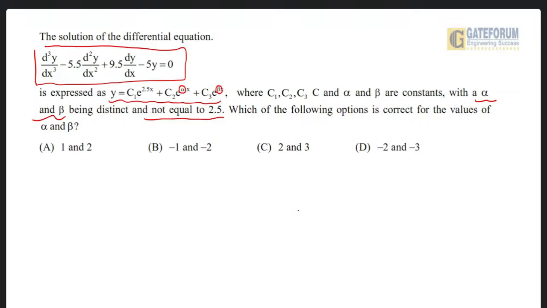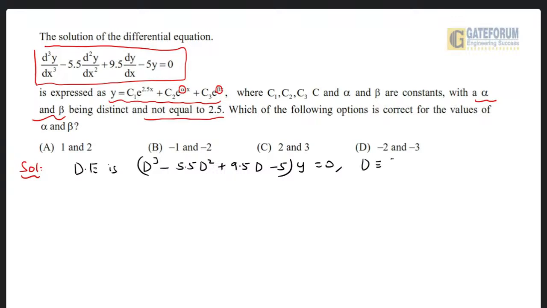Okay, so first of all, as usual, this is from engineering mathematics, from the topic differential equation, subtopic higher order linear differential equations. So differential equation in operator form, I can write d cube minus 5.5 d square plus 9.5 d minus 5, take y common, is equal to 0, where d is an operator, derivative with respect to x.